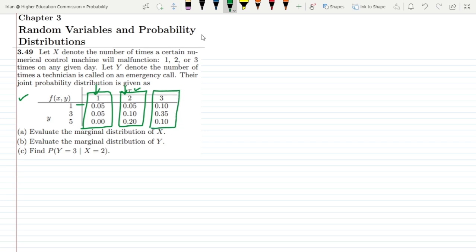Okay, so let me have here x, and its marginal distribution, let me have here, this is g of x. Now the values of x are 1, 2 and 3.